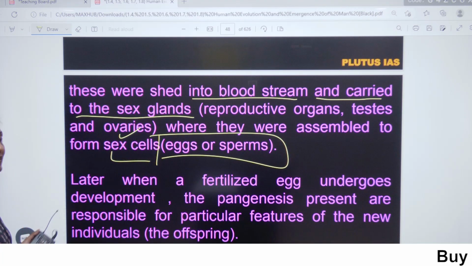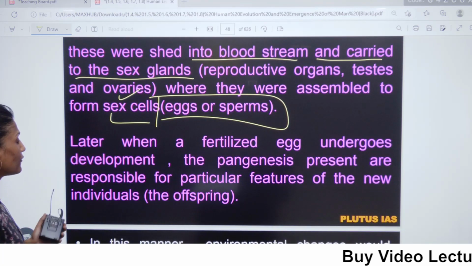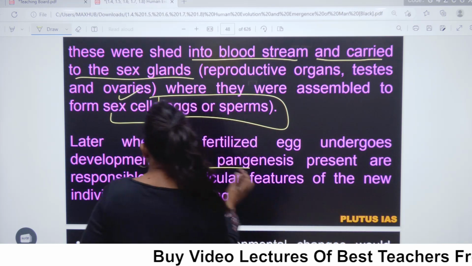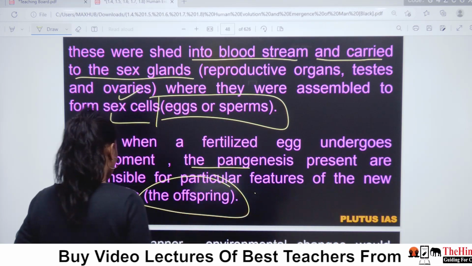And when this fertilized egg develops, this information goes to the new cell or new individual, that is the offspring.